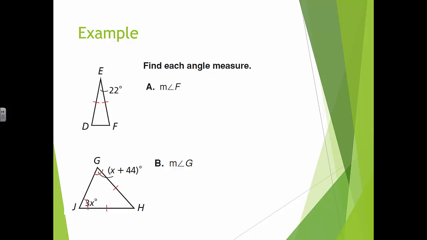So in this triangle, we definitely have an isosceles triangle. DE is congruent to EF, and we have to find the measure of angle F if we know the vertex angle is 22. By the isosceles triangle theorem, we know that angle D is congruent to angle F. So let's call both of those angles x. Now we can use the triangle sum theorem: x plus x plus 22 has to equal 180.